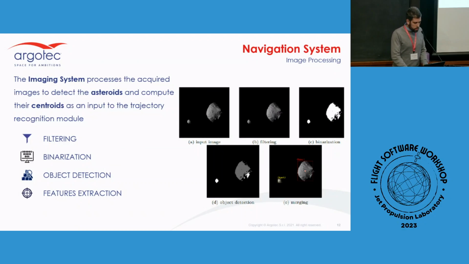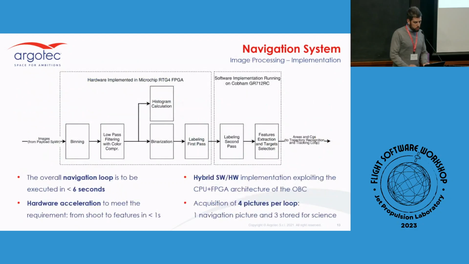So this was quite an expensive task if we implemented it all on the software side, because our onboard computer is equipped with a GR712 processor, which, as we saw yesterday in one of the presentations, is not really a high-performance processor, even if it is very reliable.